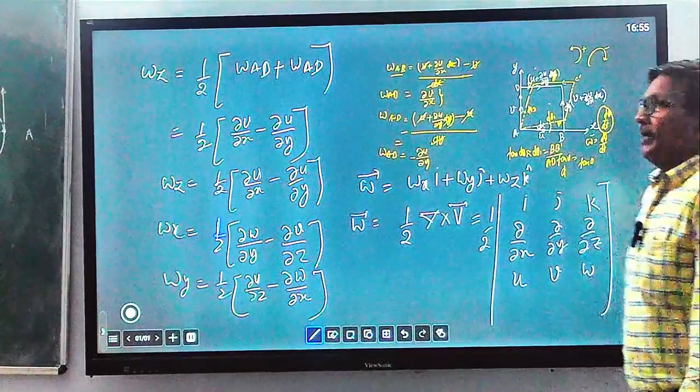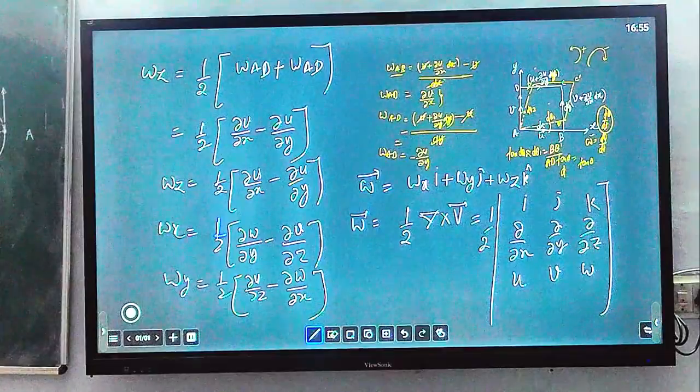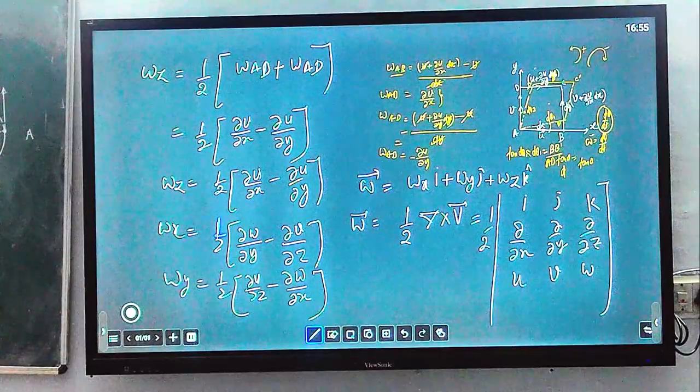So these are the three components of rotation about the x-axis, y-axis and z-axis.